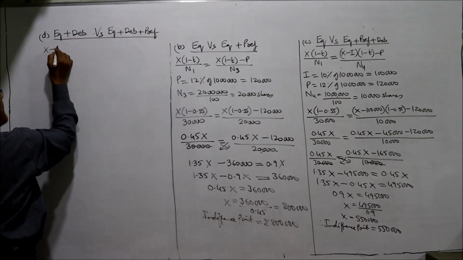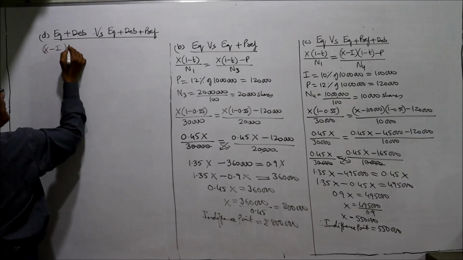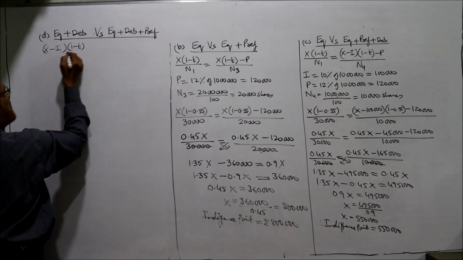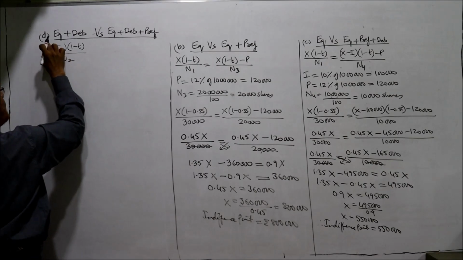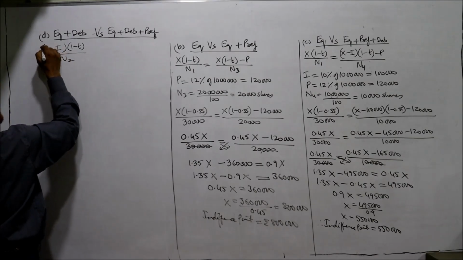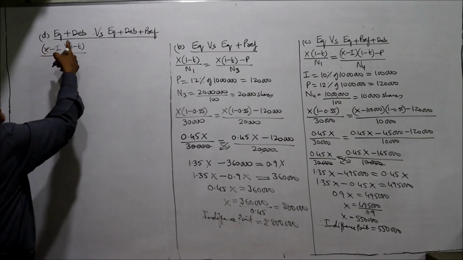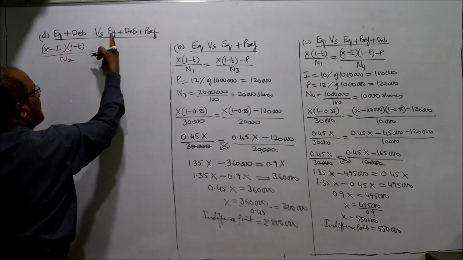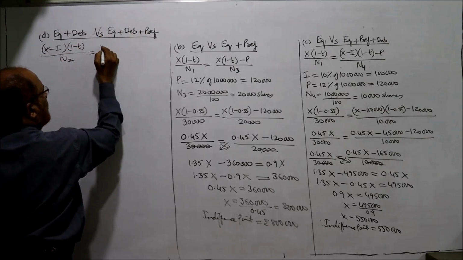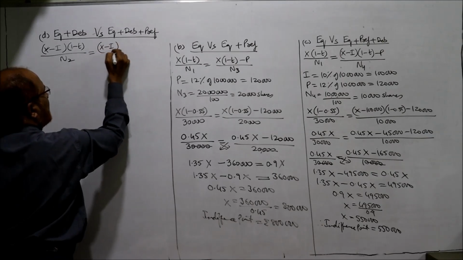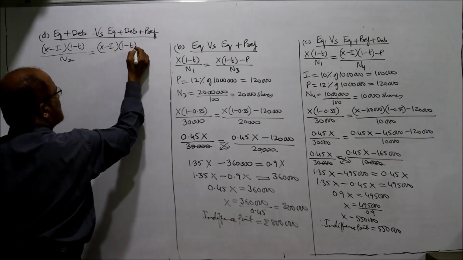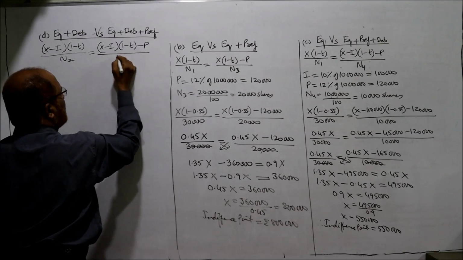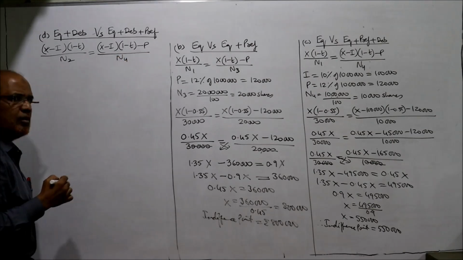So what I am writing is x minus I into 1 minus t divided by n2, because in this plan we have equity plus debenture. In the second plan, equity, debenture and preference, so x minus I into 1 minus t minus p divided by n4.